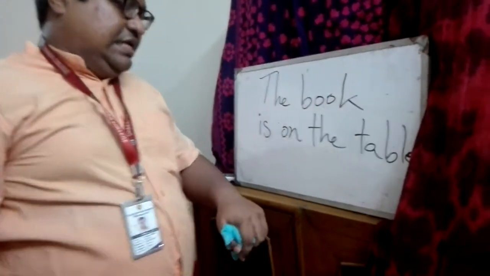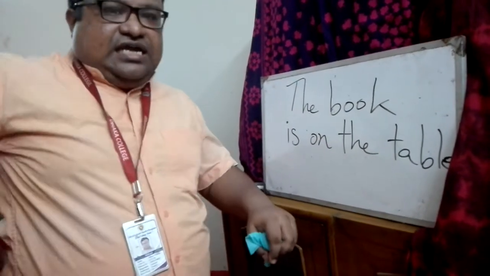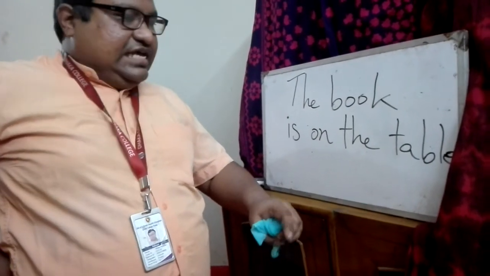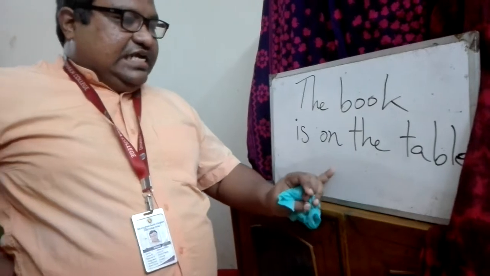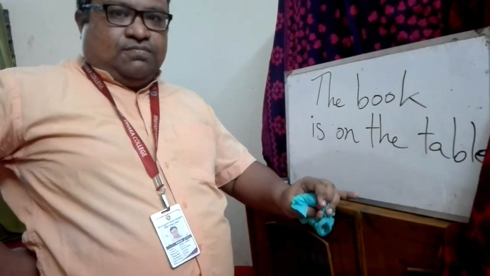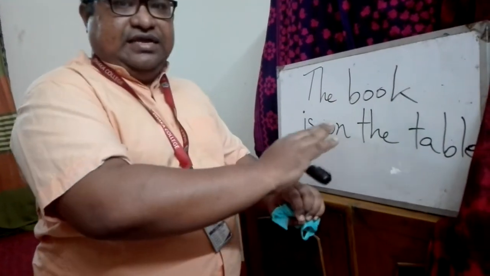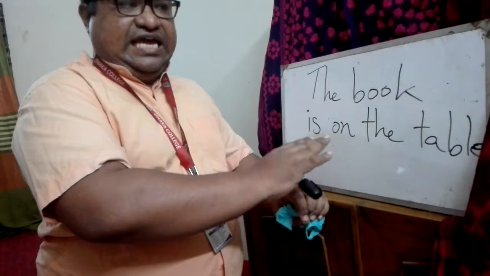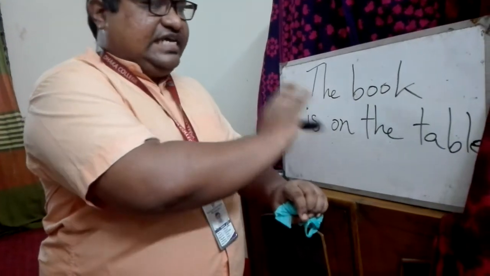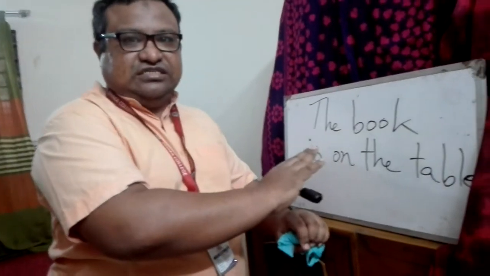So, the book is on the table. Here we see that this sentence is grammatically correct, so all the elements are arranged properly. We can say that this sentence has the cohesion.